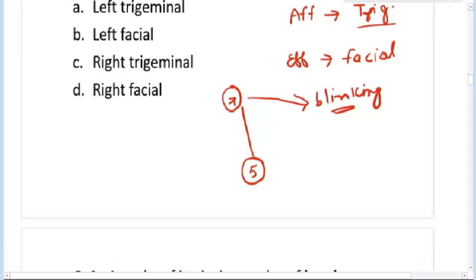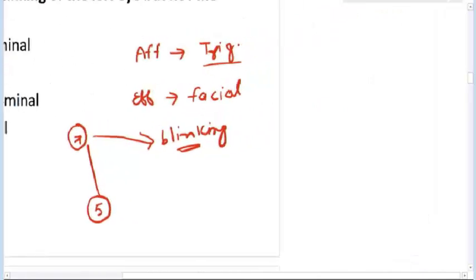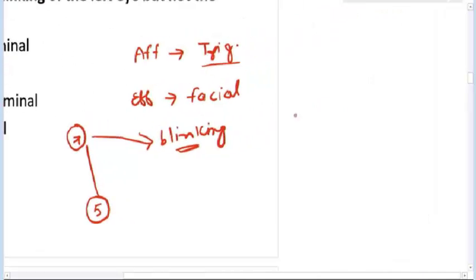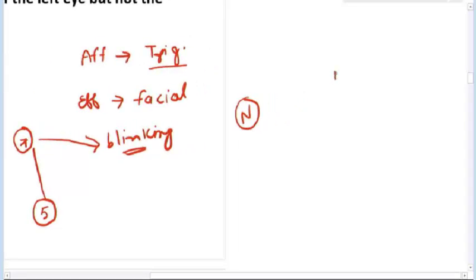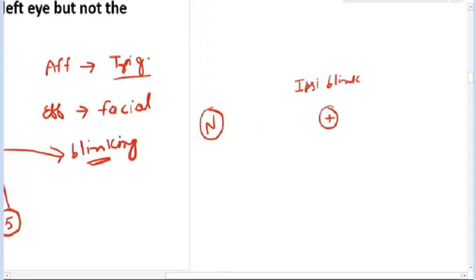Now what are the possible outcomes if there is normal fifth nerve and normal seventh nerve? What do we observe? We observe that ipsilateral blink is present, and of course contralateral blink is also present.